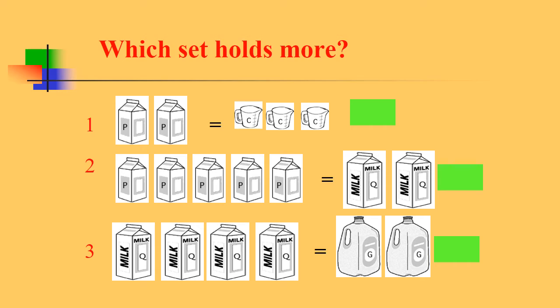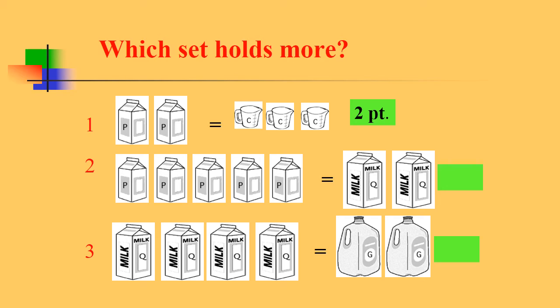Okay, let's look at which containers will hold more. So you're buying juice. Which one will have the most juice? 2 pints or 3 cups? That's right. 2 pints will be more than 3 cups. Number two, you have 5 pints and 2 quarts.